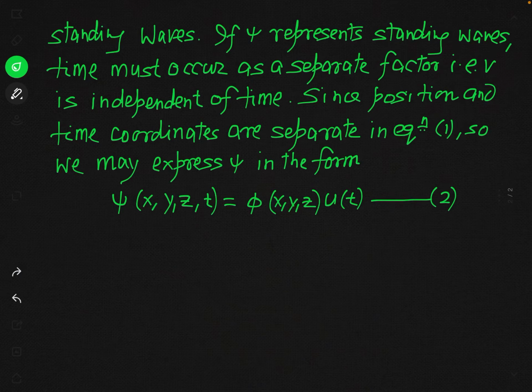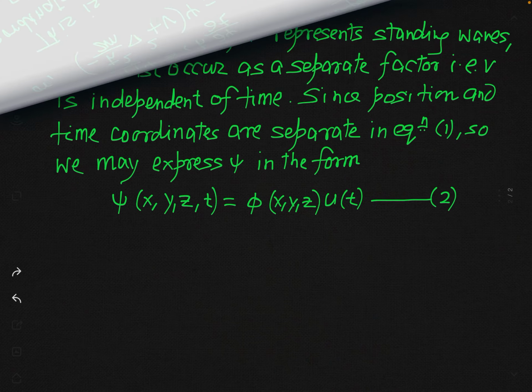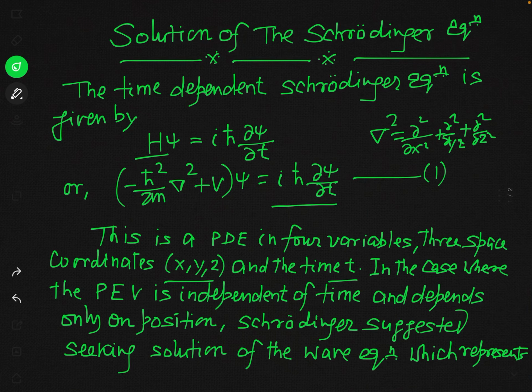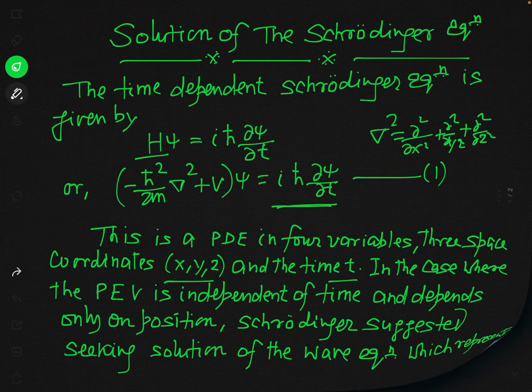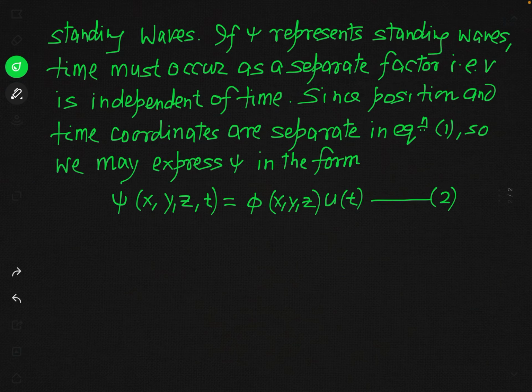Now, as you can see, the LHS contains only a function of x, y, and z, that is, the space coordinates, and in the RHS there is time t present. So the space variables x, y, z and the time variable t are already separated in this equation, so there is no need to separate these two independent variables.